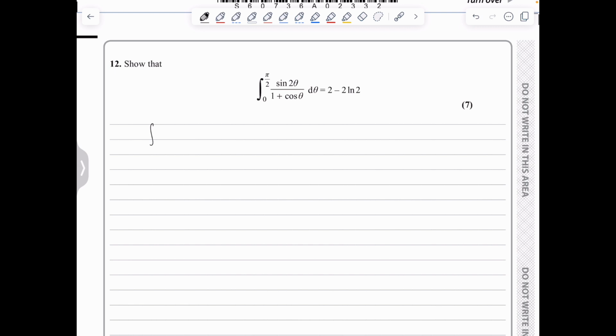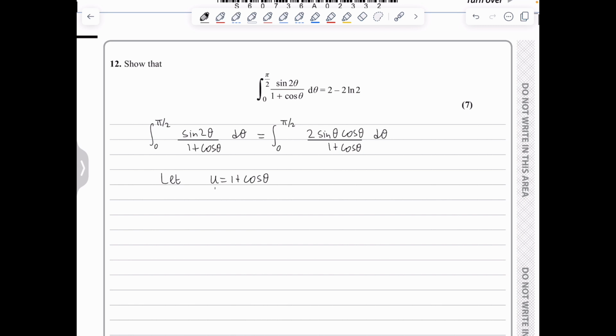So the integral from 0 to pi over 2 of sine 2 theta over 1 plus cos theta d theta. Well, I see that in the numerator we've got the double angle for sine, so it's 2 sine theta cos theta over 1 plus cos theta d theta. So I'm thinking of letting u be 1 plus cos theta because that's the denominator.